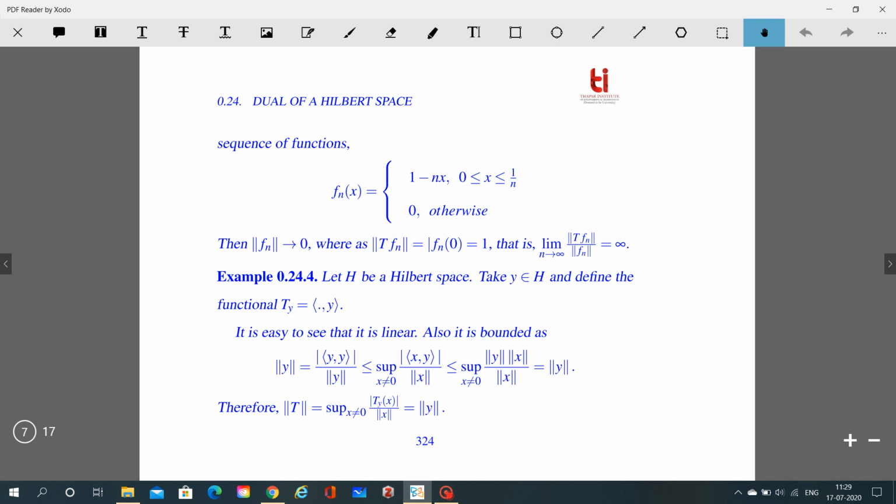To check it, the norm of y can be represented as the modulus of the inner product of y comma y over the norm of y, which is less than or equal to the supremum of the modulus of the inner product of x comma y over the norm of x whenever x is not equal to 0, which is less than or equal to the supremum of the norm of y into the norm of x over the norm of x, which is equal to the norm of y. Therefore, the norm of T is equal to the supremum of the modulus of the functional T_y of x over the norm of x, which is equal to the norm of y.